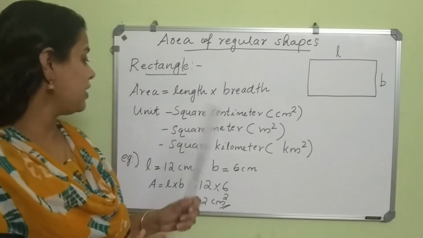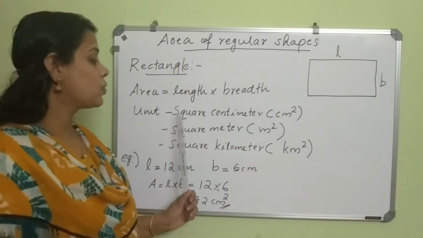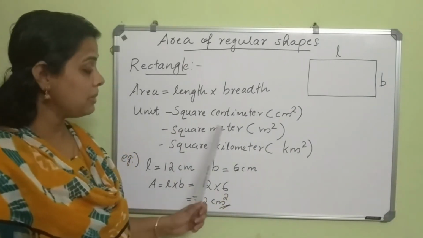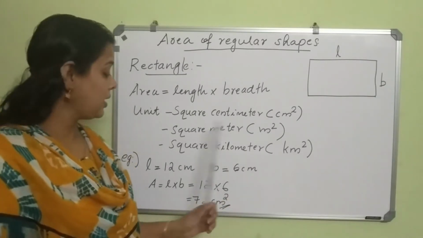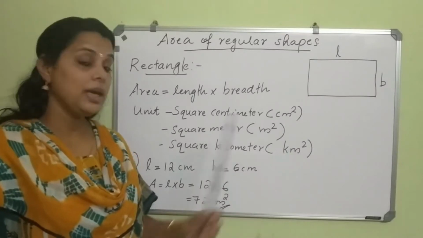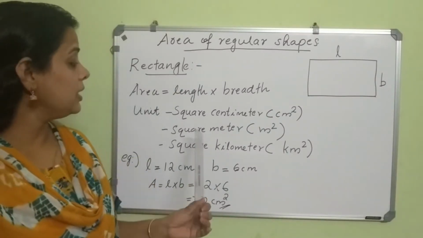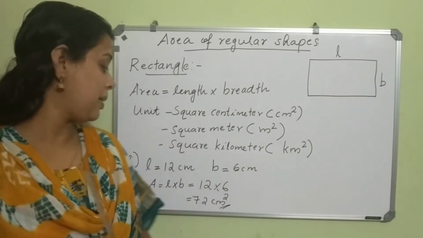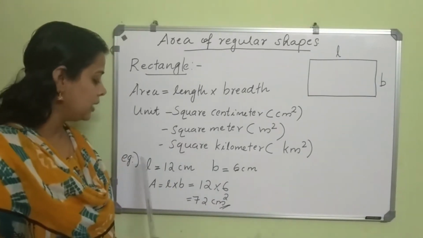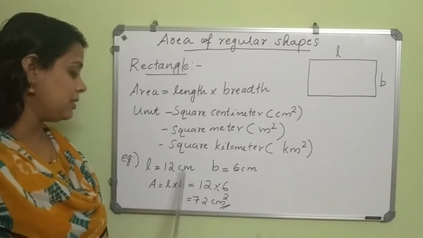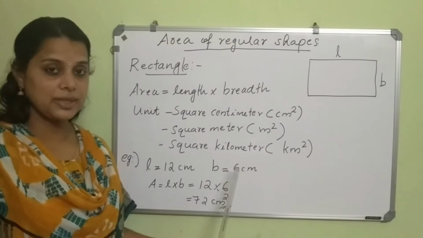The unit of area is expressed in square centimeter or centimeter square, square meter or meter square, square kilometer or kilometer square. It depends on the unit given in the length and breadth. For example, find the area of a rectangle whose length is 12 centimeter and breadth is 6 centimeter.